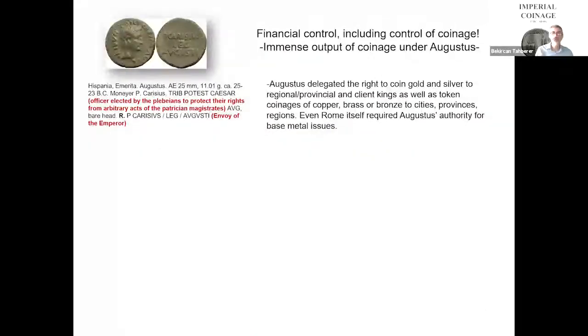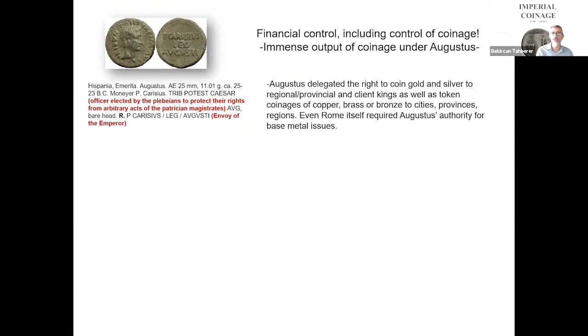So the financial control, including control of coinage, was his main financial strategy. And together with Augustus, an immense output of coinage begins.